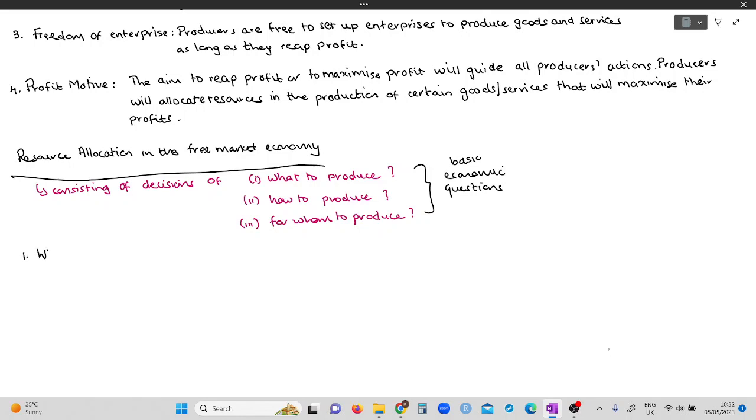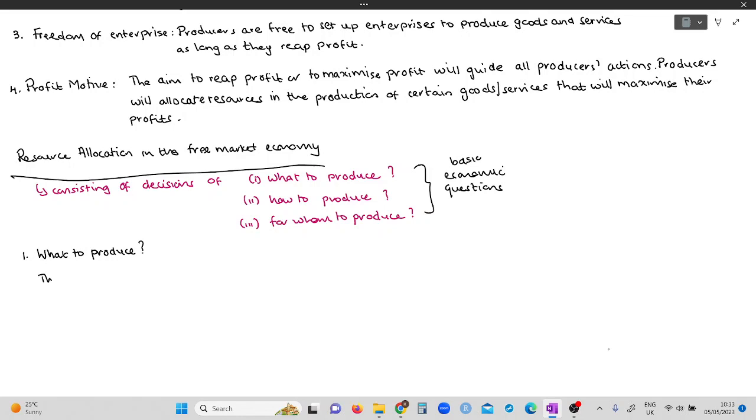So, firstly, what to produce. Donc, what to produce. Donc, dans un free market, quelles goods je peux produire, je peux baser on the price mechanism. Il y a quelque chose qu'on appelle the price mechanism.